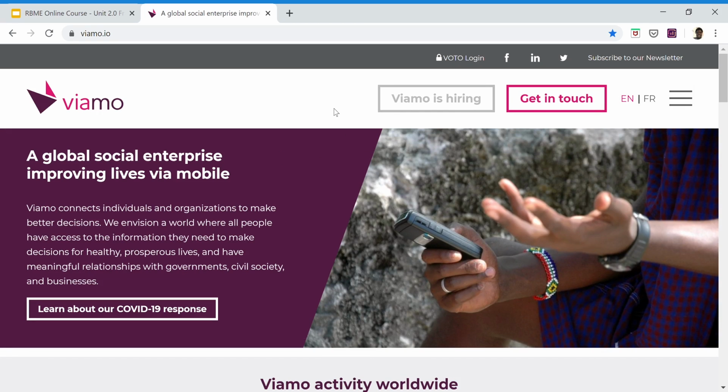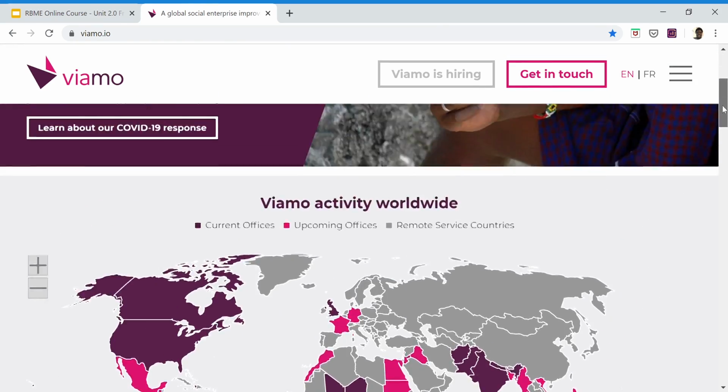This is new, especially when you cannot actually go in country or go to the region to collect the data. Since mobile penetration in some countries is very high, people are now using mobile phones, so these are tools that can actually be used.